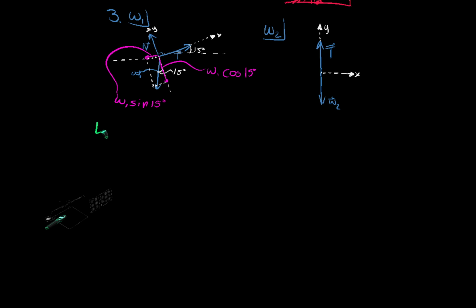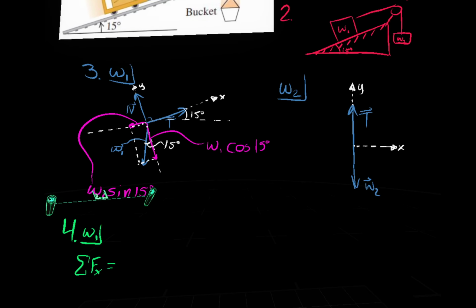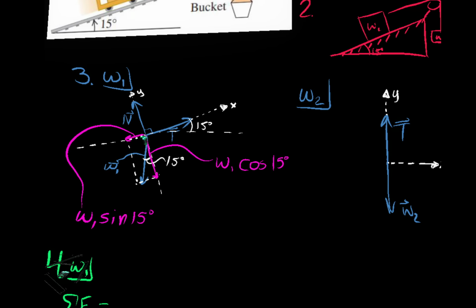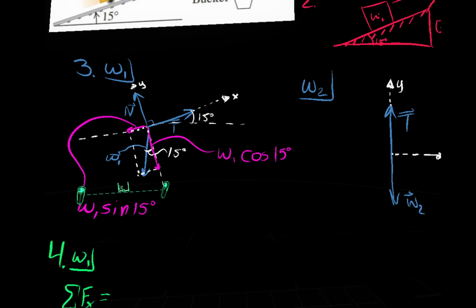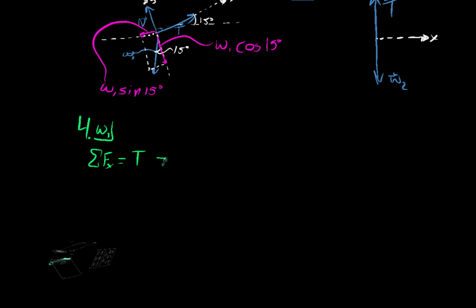Or get our equations. So our equations for W1, we have the sum of the forces in the x being equal to some things, right? And you have to remember what your x actually is. This is the positive x. So we have T minus the component of W1, T minus W1 sine 15 degrees.